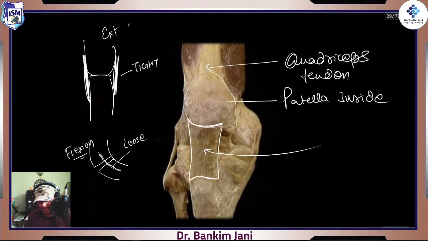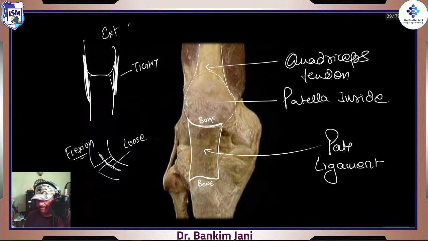I came all the way from the thigh, forming this tendon and giving shelter to this patella, and now the patella is telling all anatomists: I am a bone, and over here the tibial tubercle is a bone. So from now onwards, you'll declare this thing as a ligament, and patella would say, obviously, my name, so we'll call it the patellar ligament.